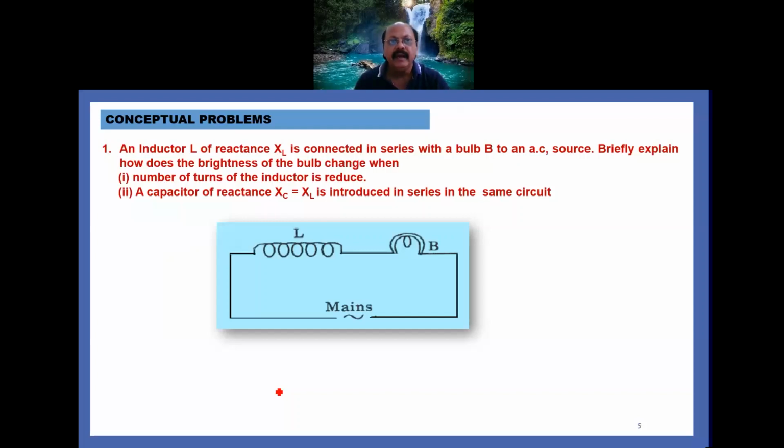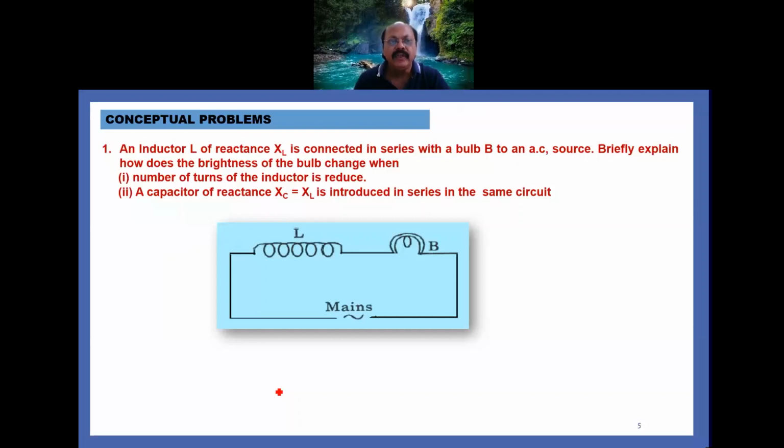And second, a capacitor of reactance Xc equal to XL is introduced in series in the same circuit. So understand the concept and language of the question carefully, then apply the concept you have learned, and then solve these questions.